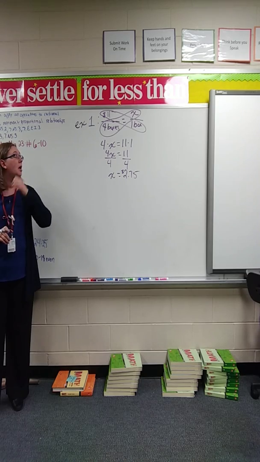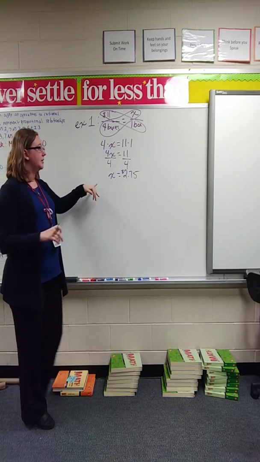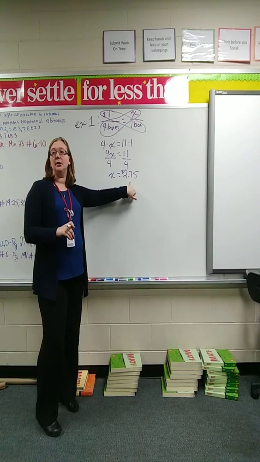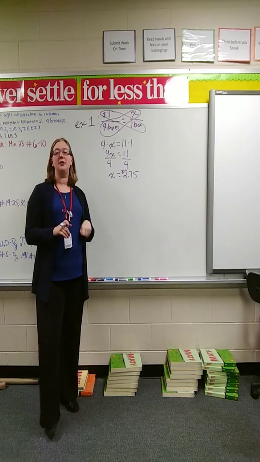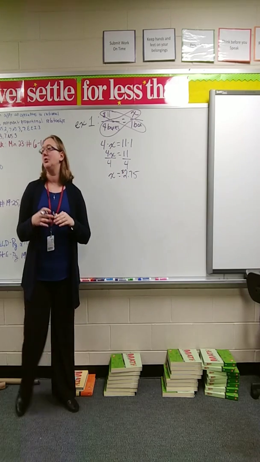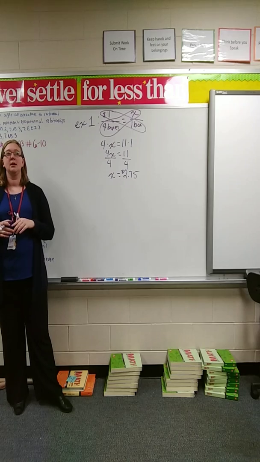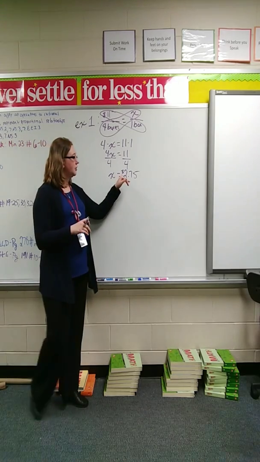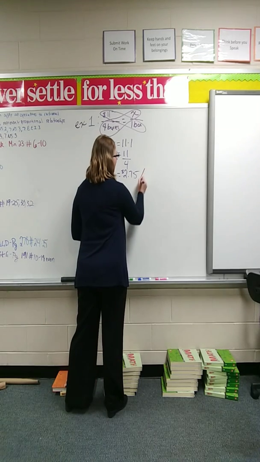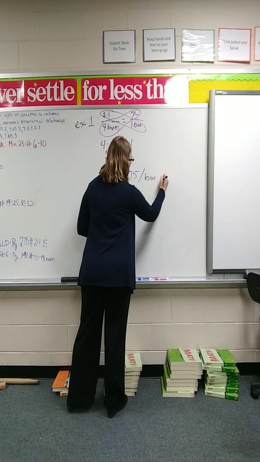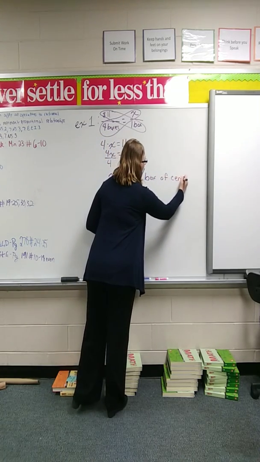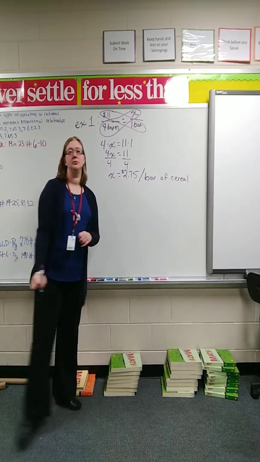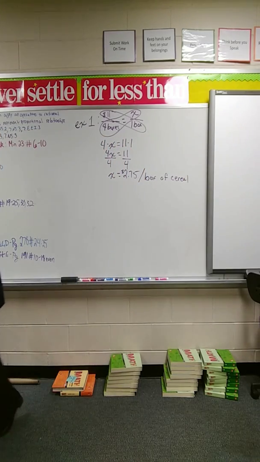Okay? So to put this in the, now, I have a number. I went ahead and put a dollar sign in front of it. Let's put this in terms of the rest of the problem. Because we need to say that that's $2.75 per box of cereal. If we just say $2.75, we don't know what that's in relation to.